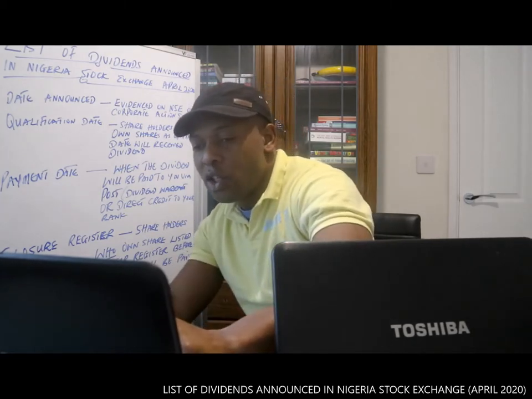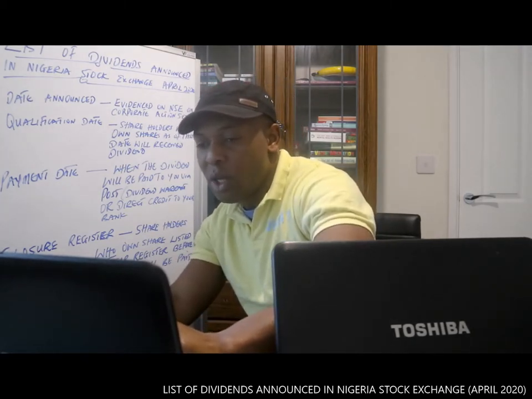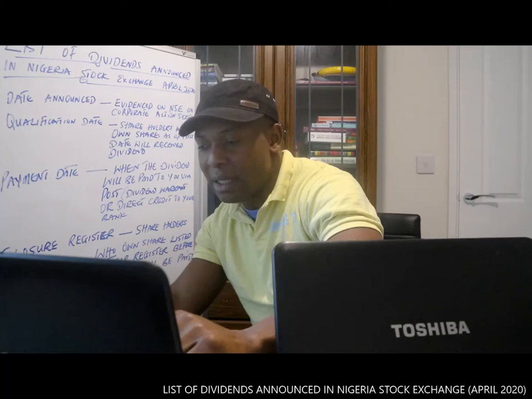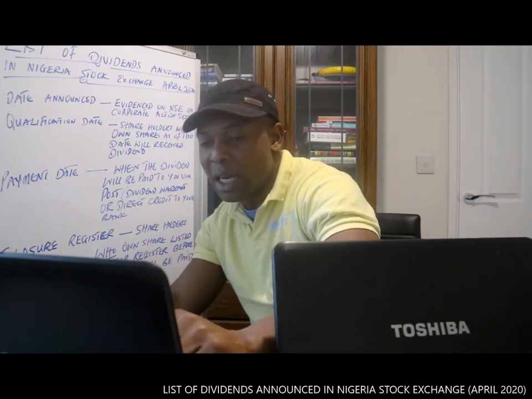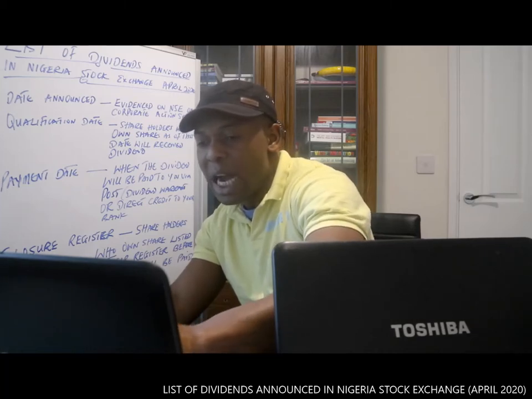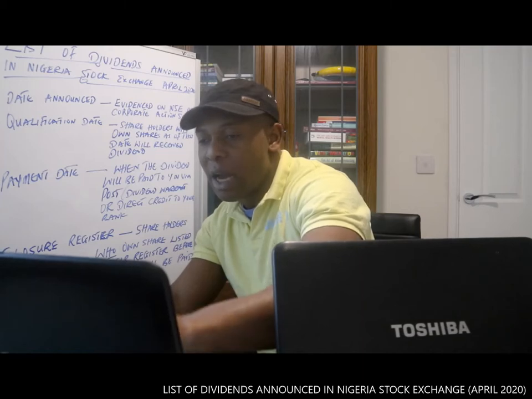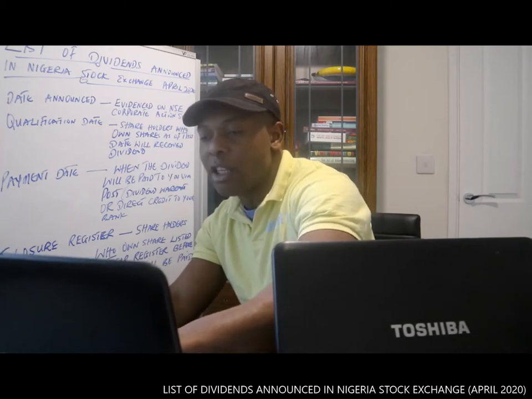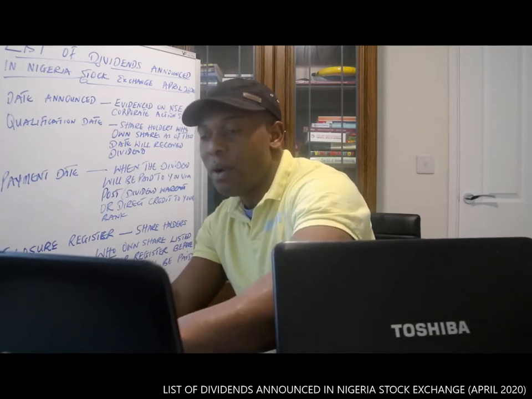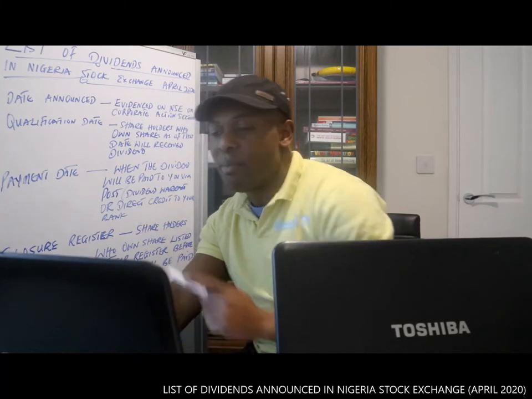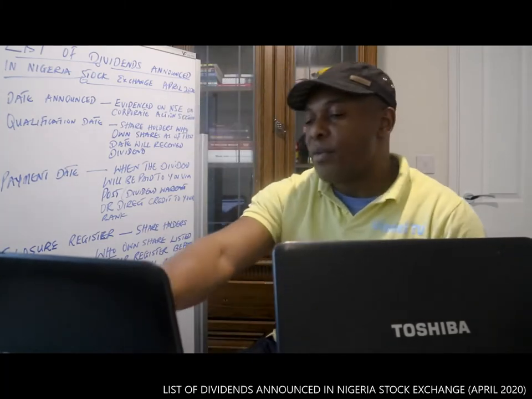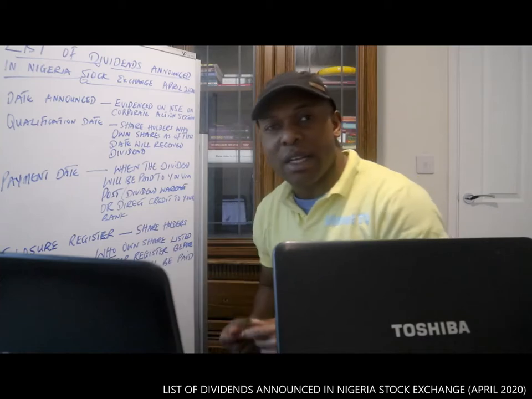The closure of register for Fidelity is 20th to 24th April. So Fidelity declared 20 kobo. Annual general meeting is 30th of April. Their payment date is 30th of April. Then the qualification date is 17th April. So you need to buy Fidelity before this date if you want to receive the payment.